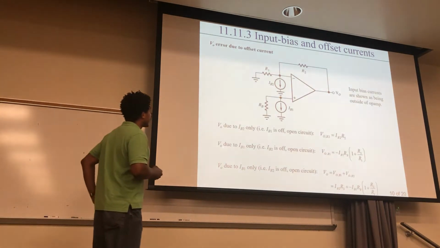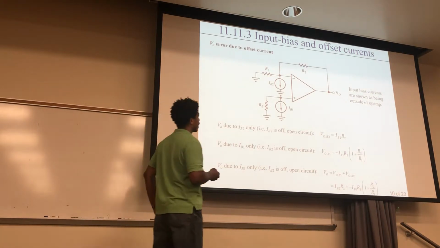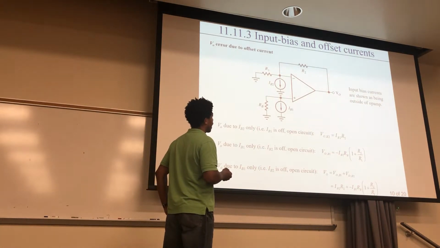Now for the contribution to V out just from IB1, we're going to turn this one off, so this becomes an open circuit. So this one right here is negative IB1 RB times this piece right here.